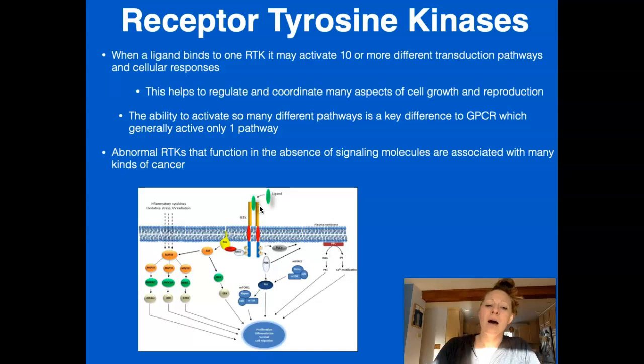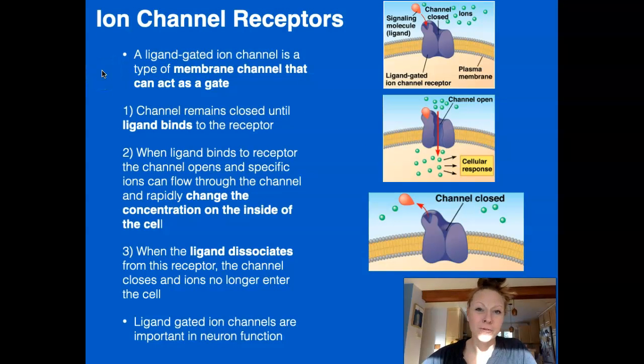If we think, let's say this stays in an on state, and it's sending a message to the cell, very oversimplified, to divide, continue to divide, and it doesn't turn off, that cell is going to continue to divide, and then you're going to have uncontrolled cell growth, which is what cancer is. So those are RTKs.